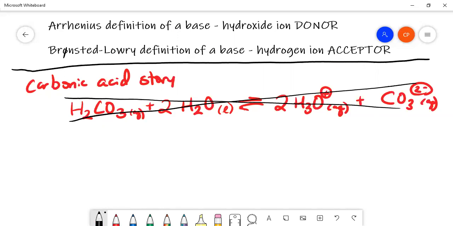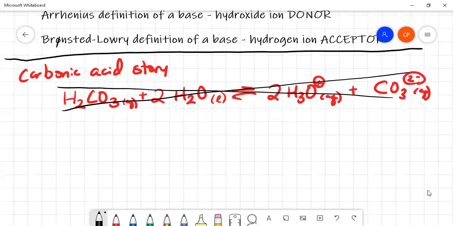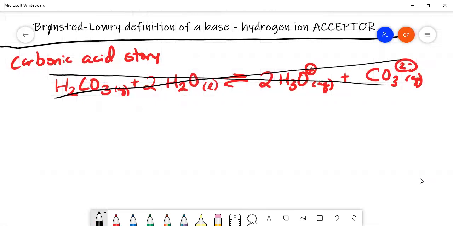I don't want to represent that dissociation happening all at once. I want to represent that dissociation happening stepwise, one step at a time.